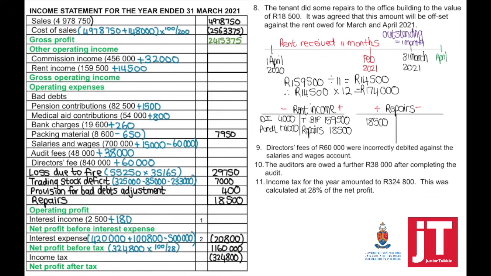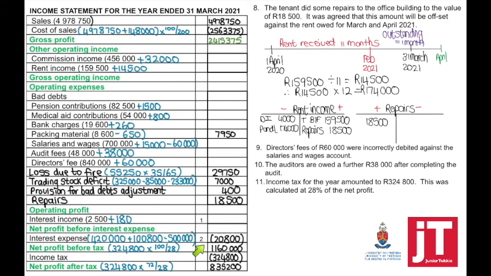To calculate the net profit before tax, we are going to say the income tax amount times 100 divided by 28. So now I can say net profit before minus income tax, or we can say the income tax amount times 72 divided by 28 equals the net profit after tax.